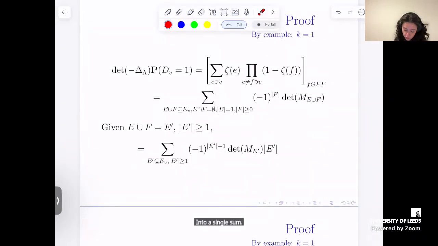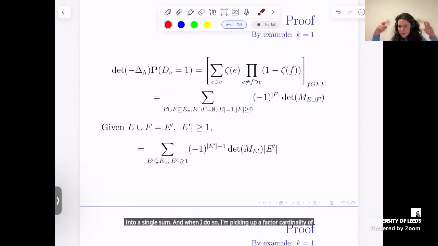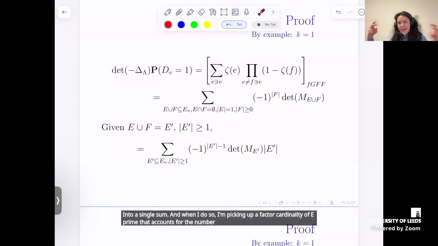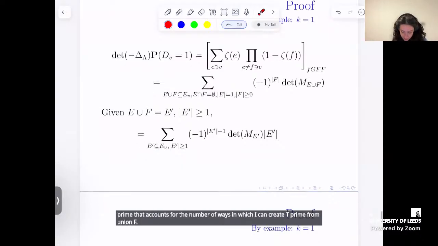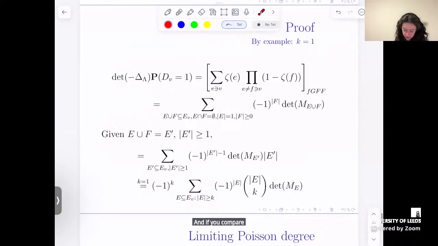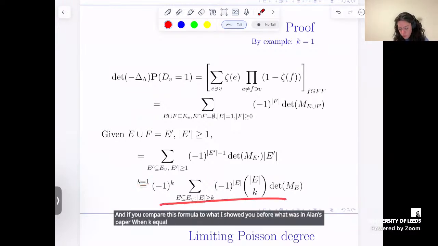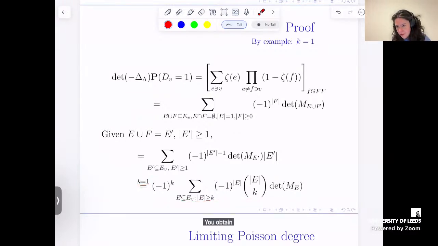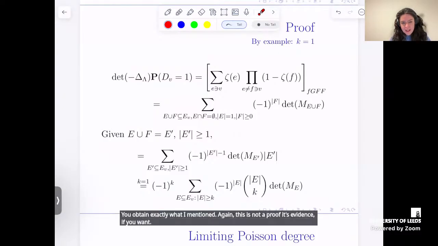When I do so, I'm picking up a factor, the cardinality of E prime, that accounts for the number of ways in which I can create E prime from E union F. And if you compare this formula to what I showed you before, what was in Alan's paper, when k equals 1, you obtain exactly what I mentioned. Again, this is not a proof, it's evidence, if you want, that this result holds.